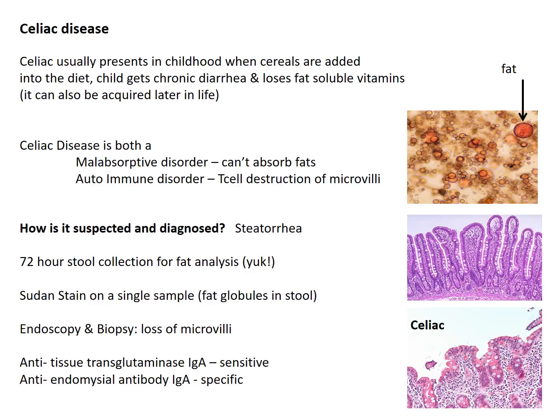An even easier way now to at least suspect celiac disease is to do antibody testing in what's often referred to as a celiac panel. So a blood test is looking for specific IgA antibodies associated with celiac disease. So anti-tissue transglutaminase and anti-endomysial antibody are two antibodies which can be detected in individuals with celiac disease.